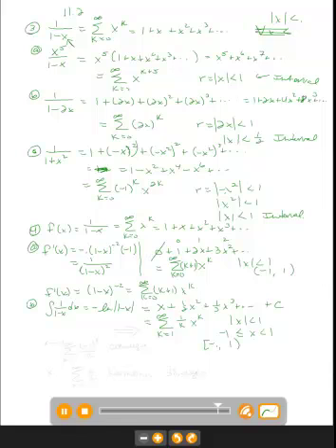Remember how you're doing that. You're taking x equals negative 1 and plugging it in, so the summation turns into negative 1 to the k over k. It's an alternating harmonic, and that converges.